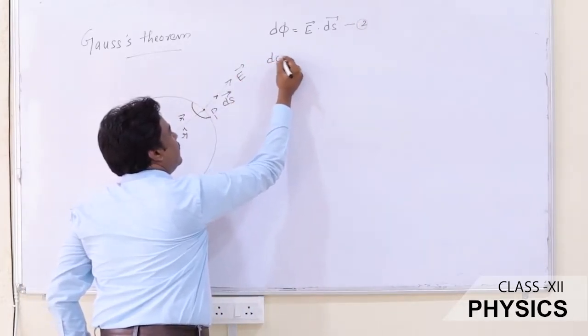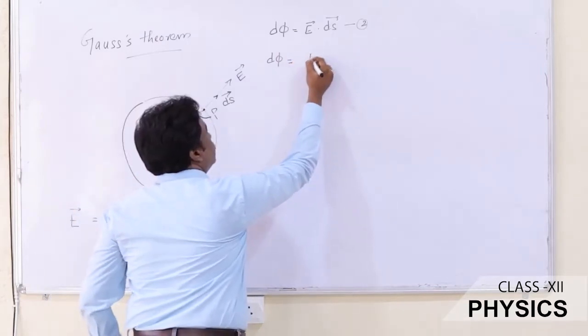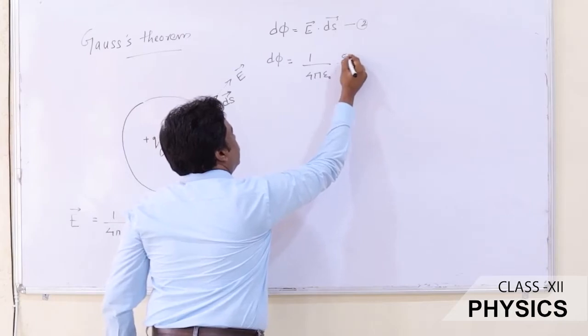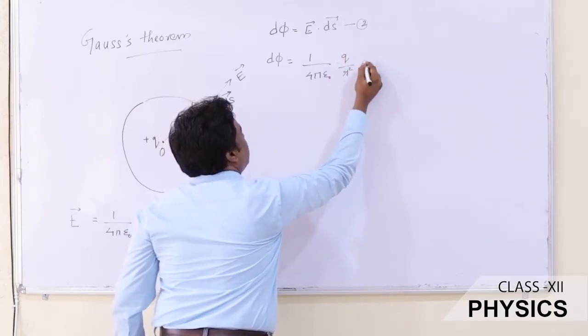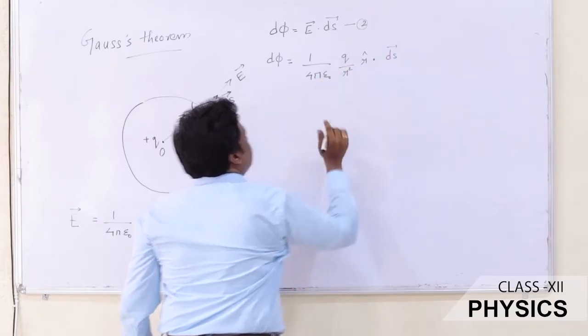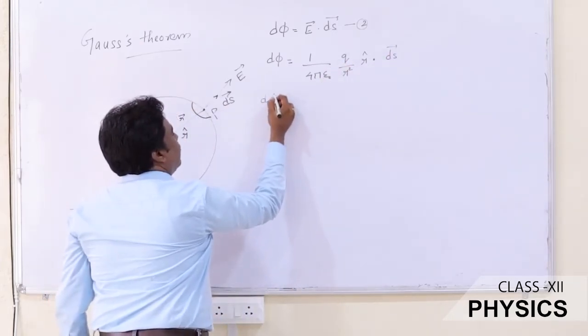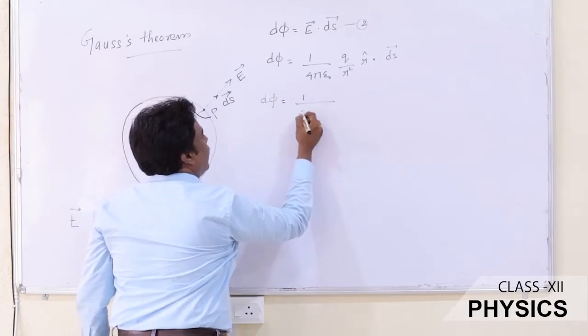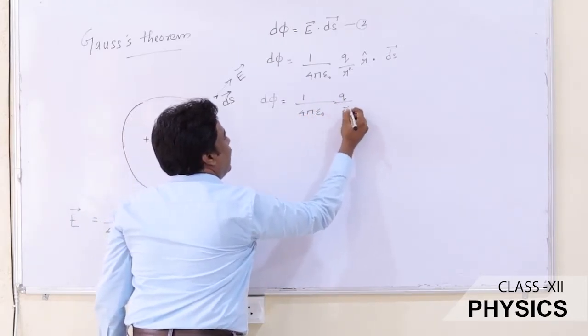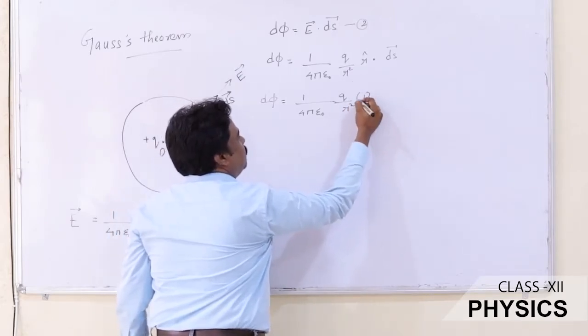So d phi is equal to 1 by 4 pi epsilon naught Q by R square R cap dot ds vector. Now remove the dot. Unit vector has a magnitude 1.